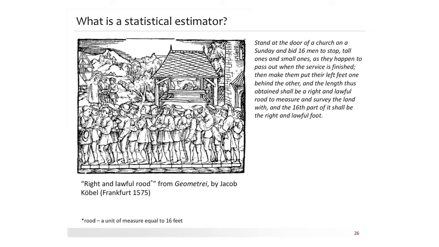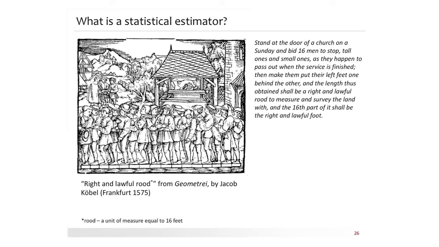Let's go back in time. This is a fragment and a nice picture from a very old book called Geometry by Jakob Kobel, which was published in Frankfurt in 1575, so it's over 400 years ago. And a particular fragment related to this picture says, "Stand at the door of a church on a Sunday and bid 16 men to stop, tall ones and small ones, as they happen to pass out when the service is finished.